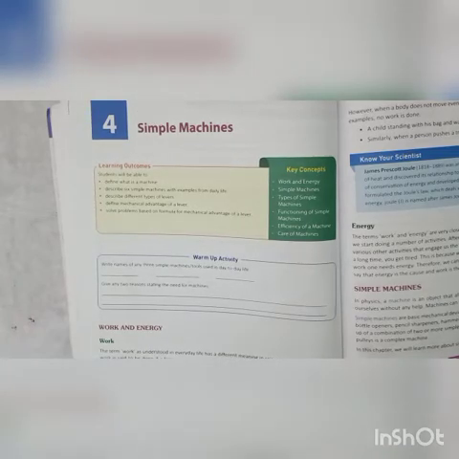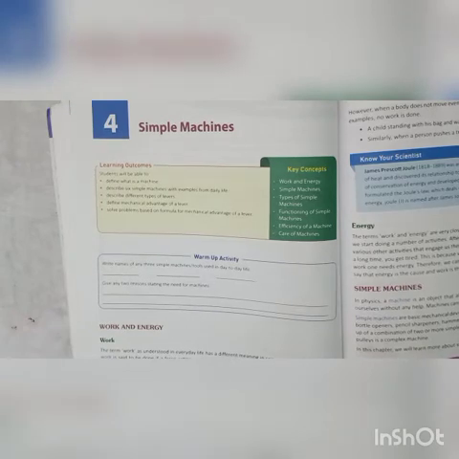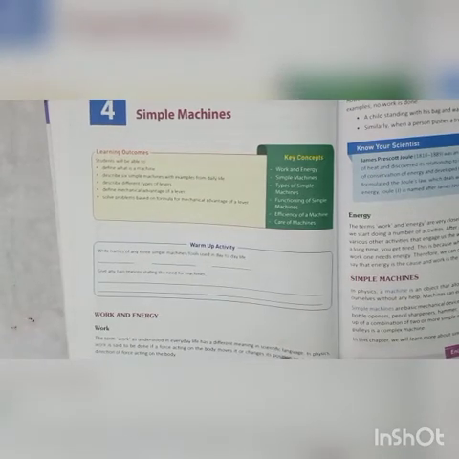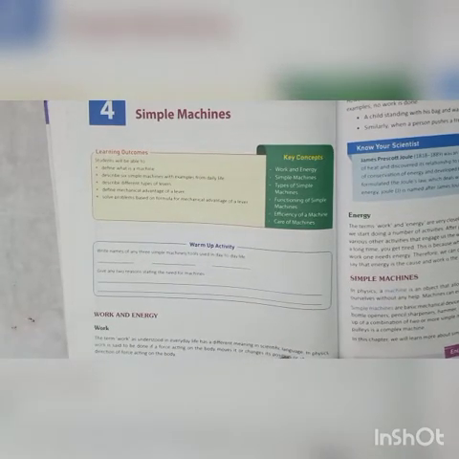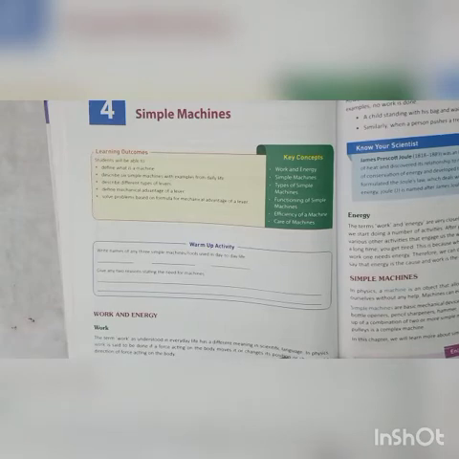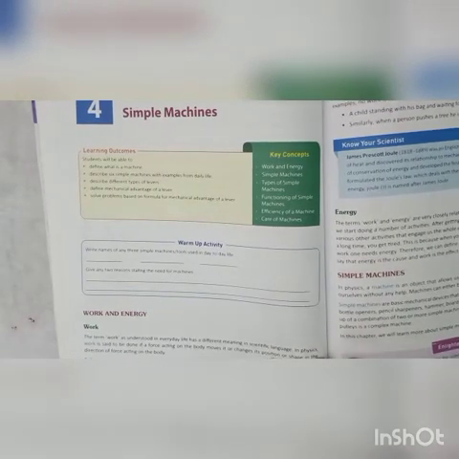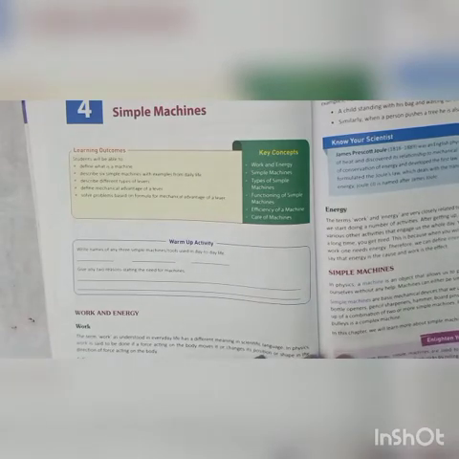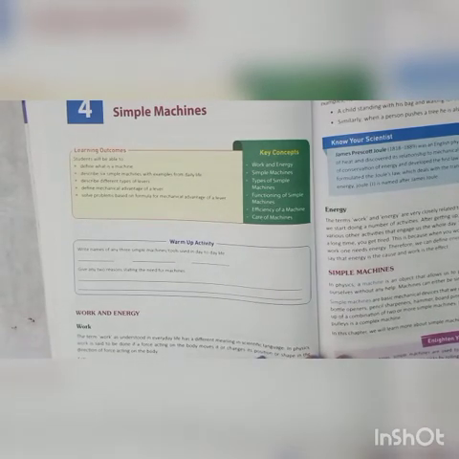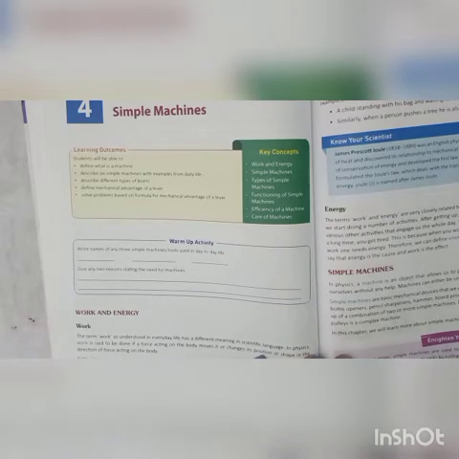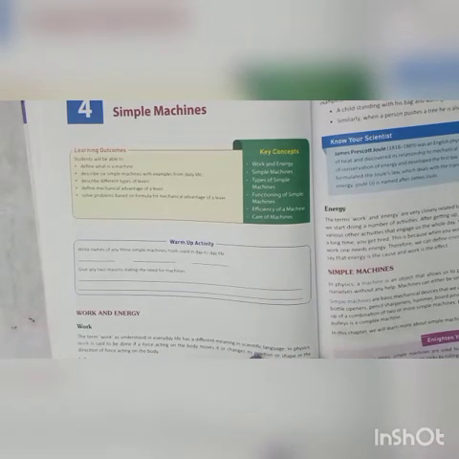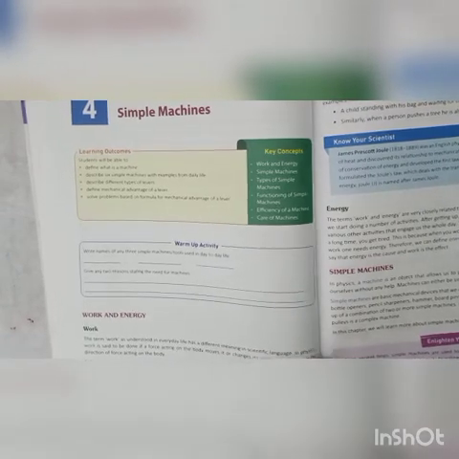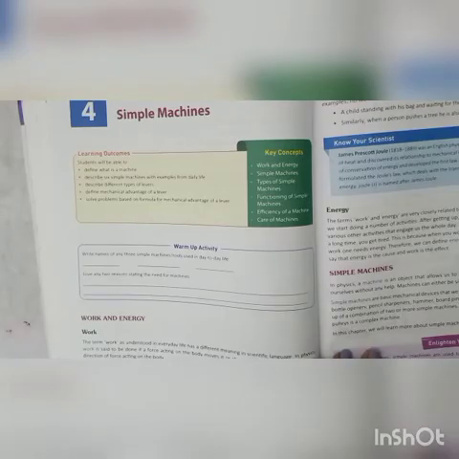In this chapter we have already discussed work and energy, and the definitions of the two. Then we discussed the definition of a machine and the two types of machines, that is the simple machine and the complex machine. Then we discussed the mechanical advantage.